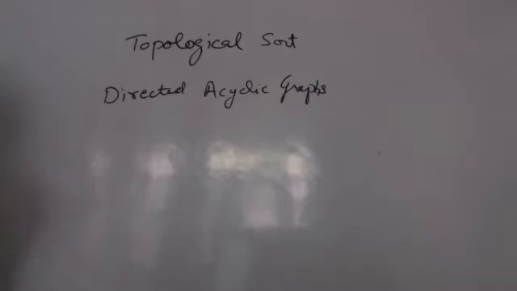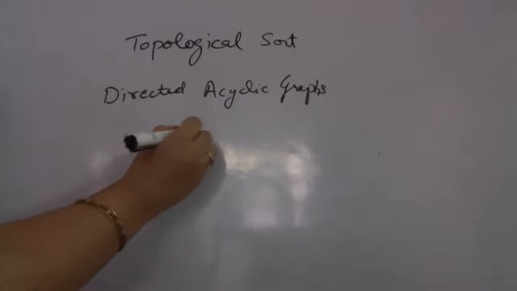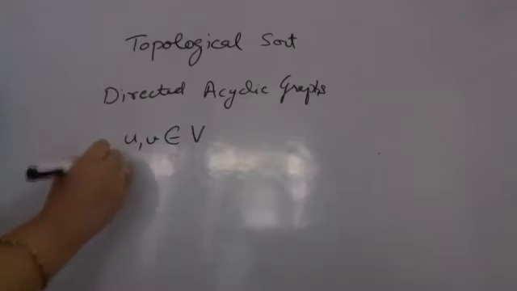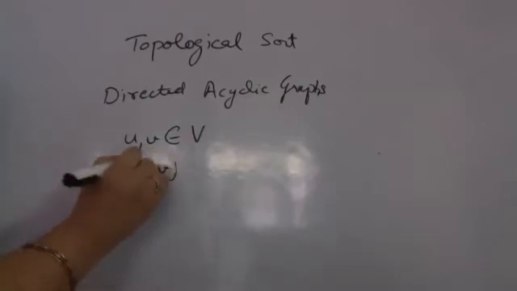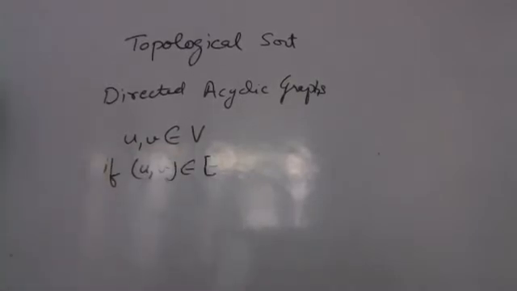When I'm talking about topological sort of such a graph, it is a linear ordering of the nodes u, v, which belong to the set of vertices V of the graph, such that if uv is an edge in the graph, then u appears before v in the ordering.